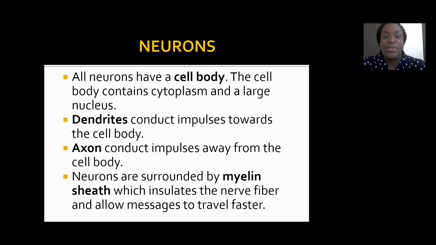So axons will conduct impulses away from the cell body of one neuron and towards the cell body of another adjacent neuron. And another thing is that neurons are surrounded by what we call a myelin sheath, okay, which is a covering or coating that insulates the nerve fiber, and this insulation will cause the transmission or the movement or flow of this electrical impulse to go faster, okay?